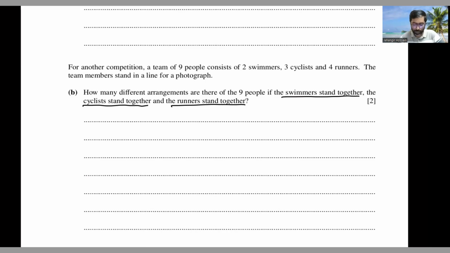So three groups can stand in a number of ways with factorial 3.